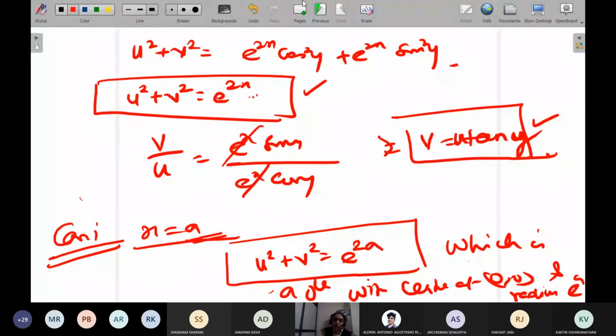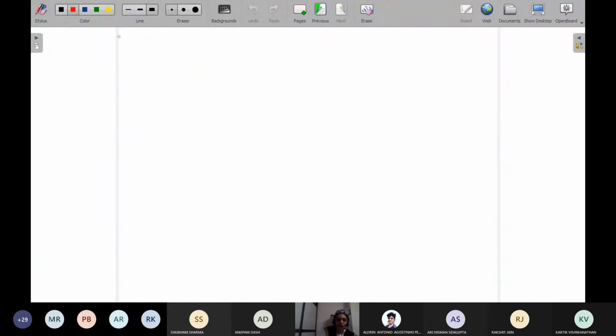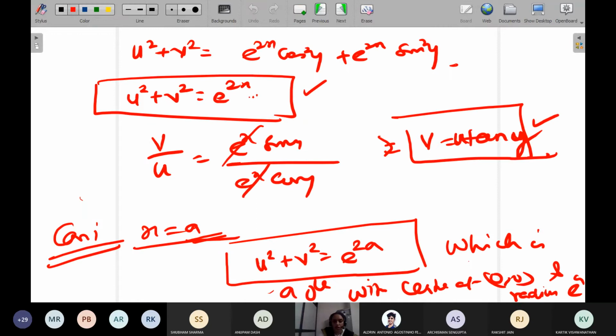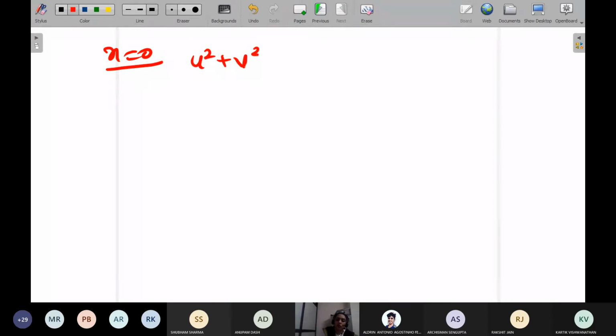Okay. Similarly, we will take the other one. We have taken X is equal to A. So similarly, we will try to find X is equal to 0. What is happening when X is equal to 0? When X is equal to 0, you will get U square plus V square is equal to 1. Again, what is this?